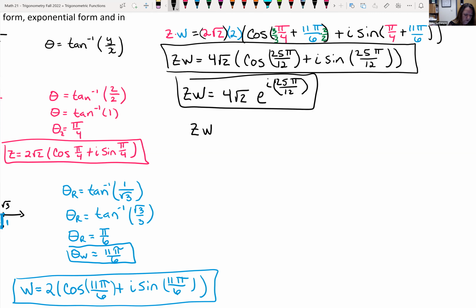So I have 4 root 2, I need to evaluate what cosine of 25 pi over 12 is, and I need to evaluate what sine of 25 pi over 12 is. So when I plug this into the calculator, I want to make sure that I have this in radians.